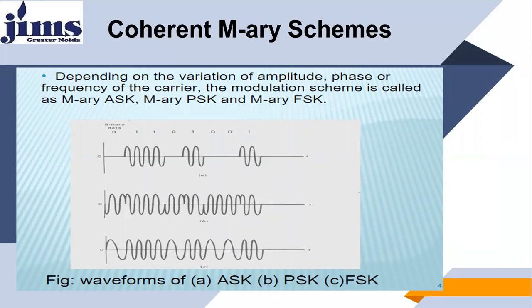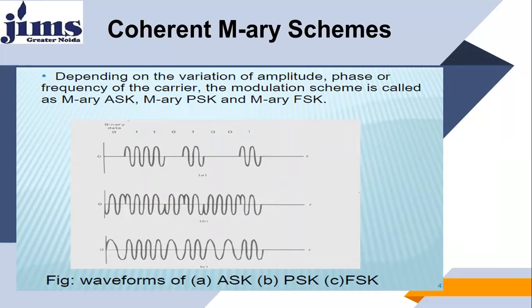For example, if you combine 2 bits, you have 4 possible symbols: 0 0, 0 1, 1 0, 1 1. Now, if you want to change the phase of the carrier according to each symbol, then this is called QPSK, or you may say it's a 2-ary PSK. Not only that, if you decide that you want to change amplitude, this can also be done according to 0 0, 0 1, 1 0, 1 1.